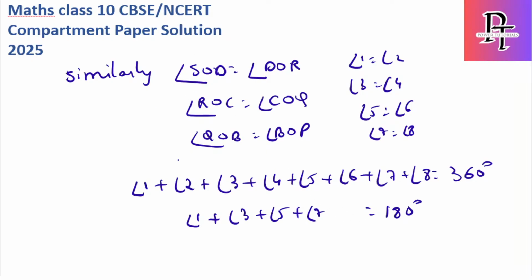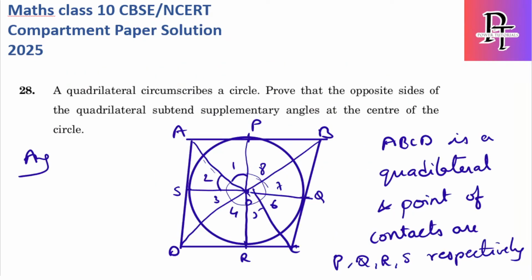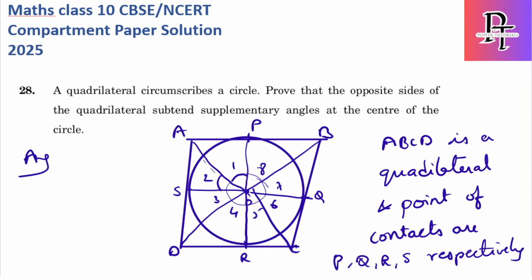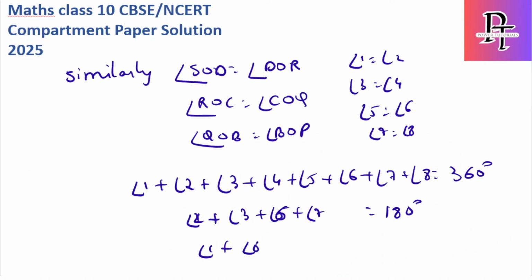Same way, 2 plus 3 plus 6 plus 7 is equal to 180. And the other angles, 1 plus 8 plus 4 plus 5, are also equal to 180 degrees.